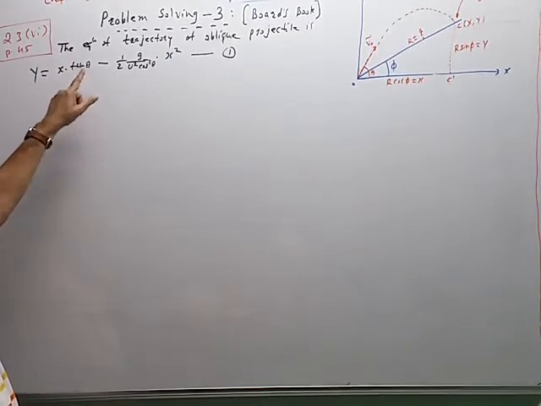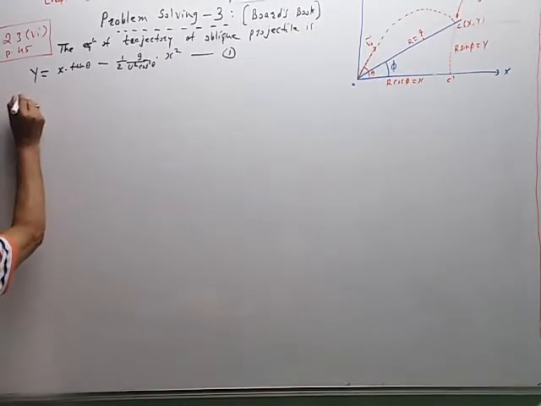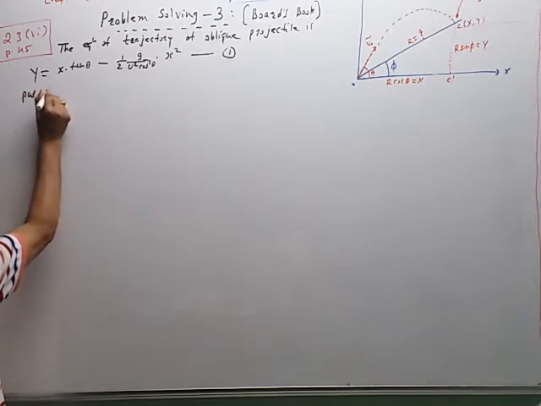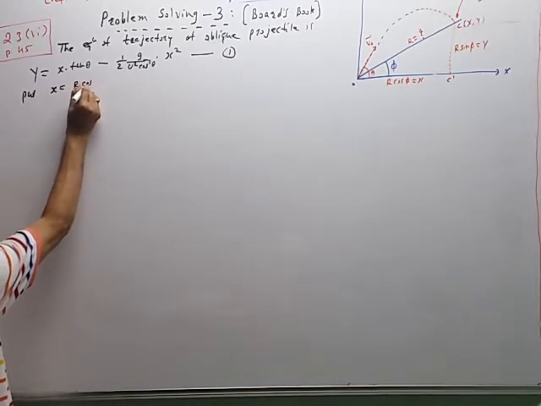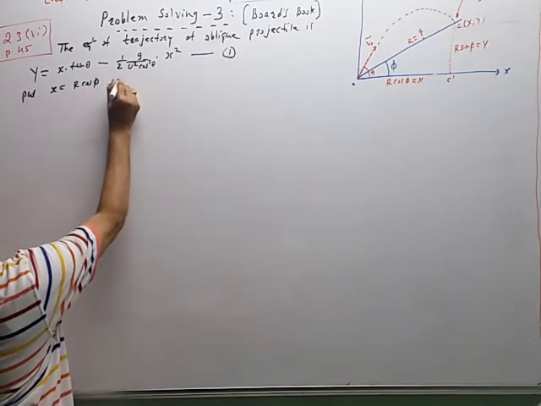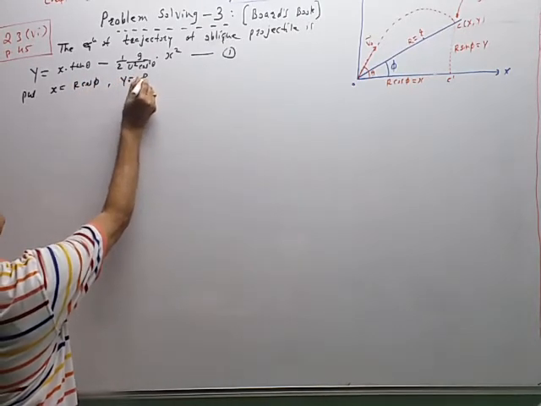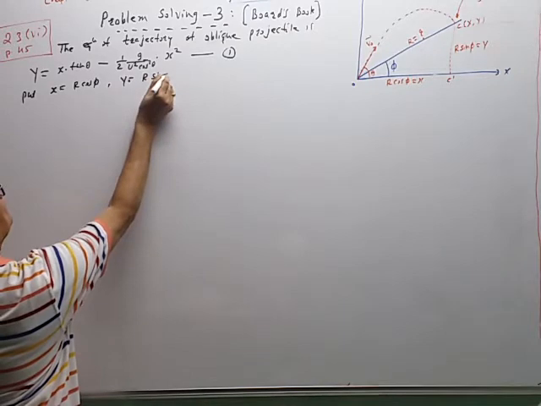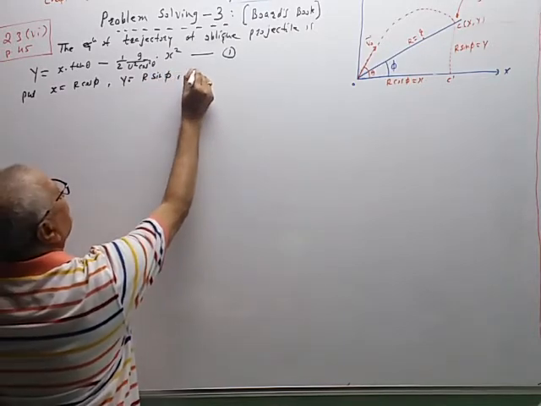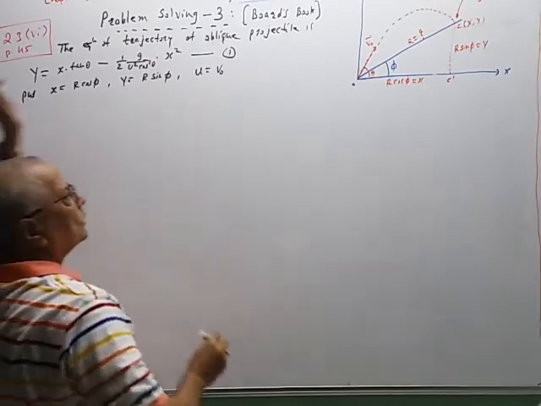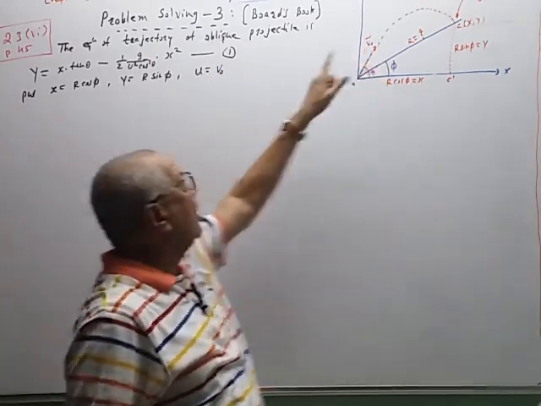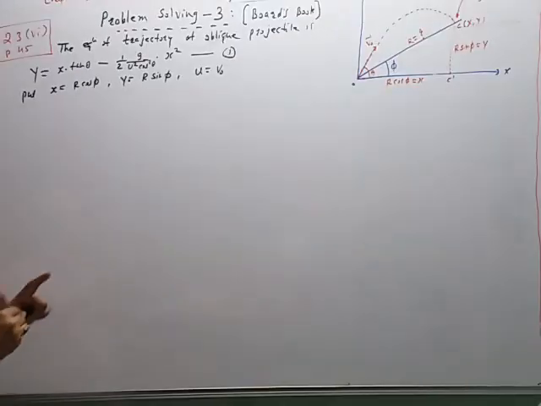Now in this equation put x is equal to r cos phi, y is equal to r sin phi, and u is equal to v0, the initial velocity of projection. These are the only changes we have to make.